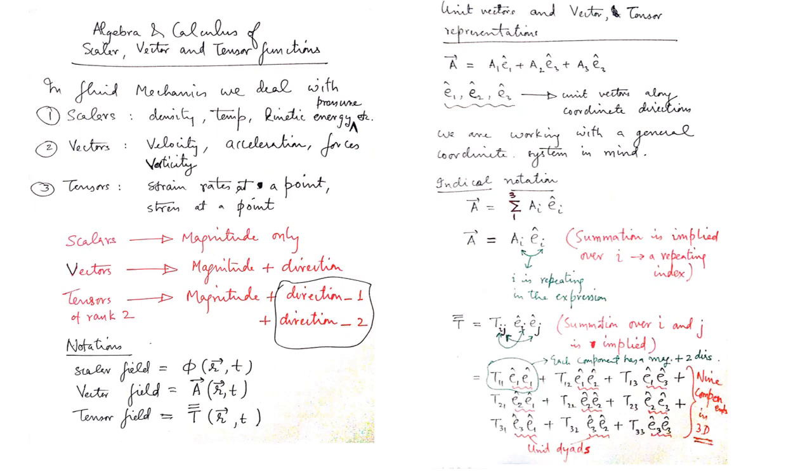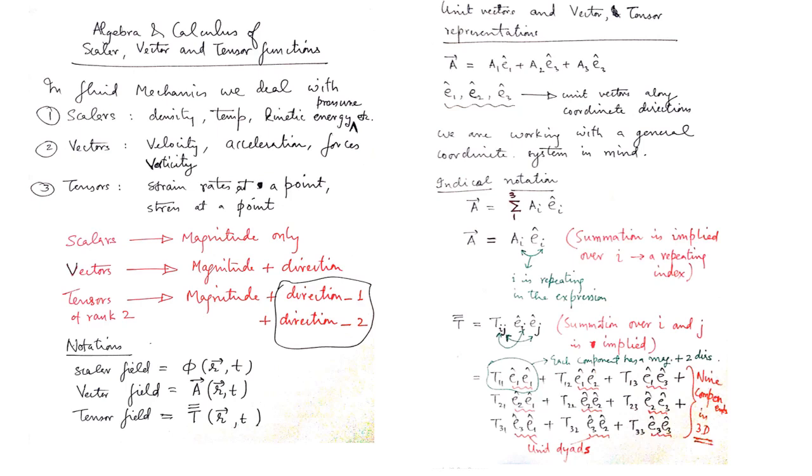Now when you come to tensors, you have to represent three pieces of information, right? Here the magnitude is T_ij and you have two unit vectors e_i cap, e_j cap, just written without any operation in the middle. These unit vectors don't involve any dot, cross, which you are familiar with, or addition. There's nothing in between.